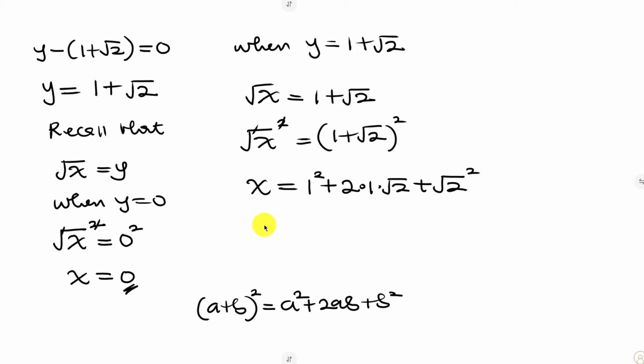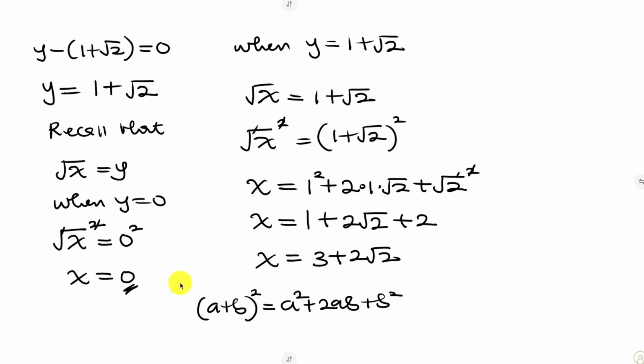So this becomes x equal to 1 squared is 1 plus 2 times 1 times the square root of 2 is 2 times the square root of 2 and then plus, now this square cancels out the square root leaving behind 2. So the value of x we have from here is equal to 1 plus 2 is 3 plus 2 root 2. Very good. So we've got the value of x to be 0 and 3 plus 2 root 2.